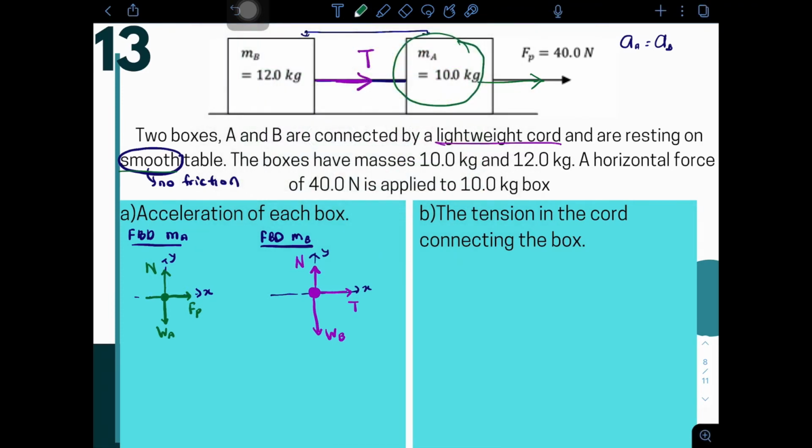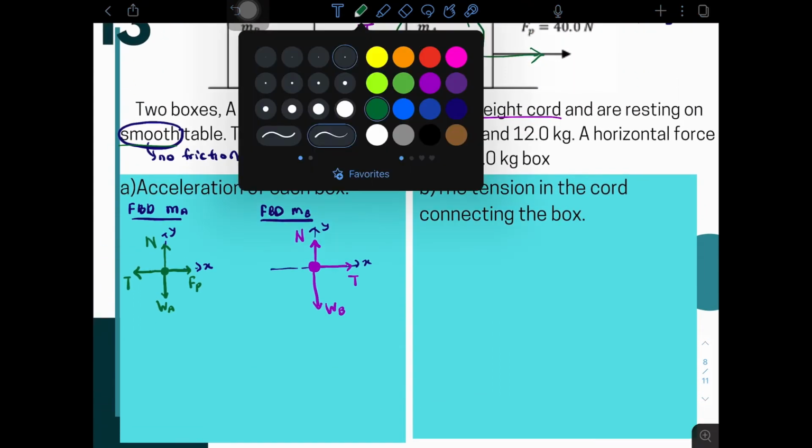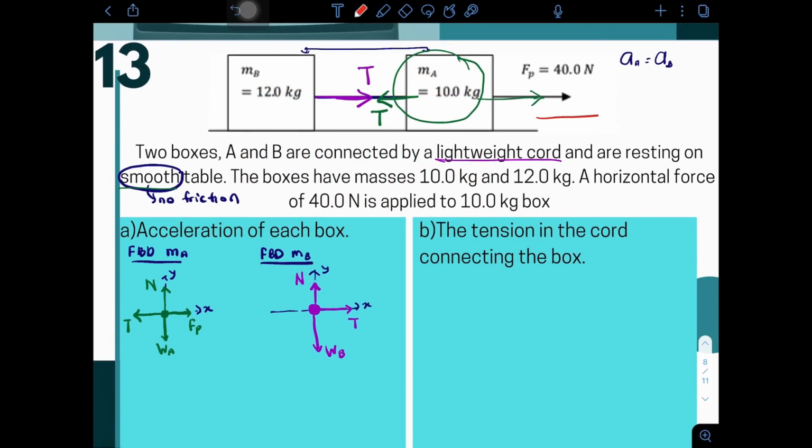I forgot, we have one more tension force, because mass A is tied to the light cord as well, but that tension force is to the left. Next, we need to determine the direction of our acceleration. Because FP pulls to the right, the acceleration is on the horizontal axis, so we will have acceleration on the x-axis to the right.